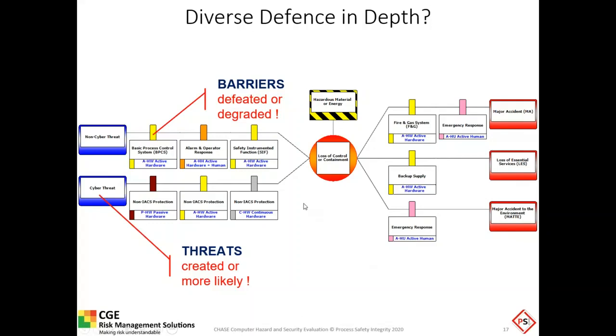We have measures in place to prevent or mitigate them, but these measures may be vulnerable to either deliberate or accidental attack. So barriers connected to industrial automation control systems can be defeated or degraded. Or we could have threats that are created as a result of the attack, or existing threats become more likely because of that breach, because of that loss of data or integrity control.